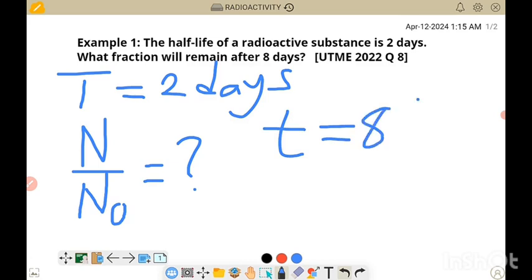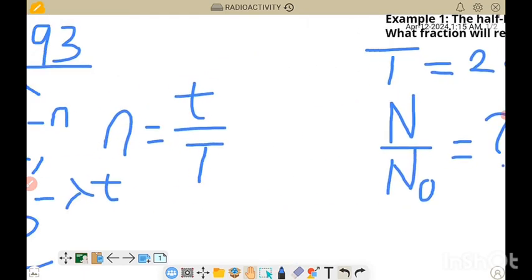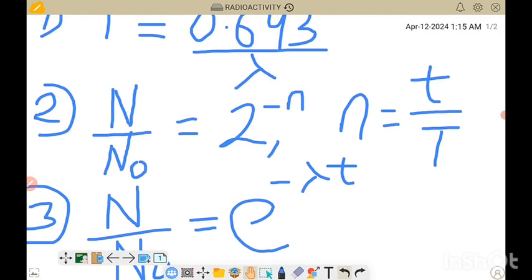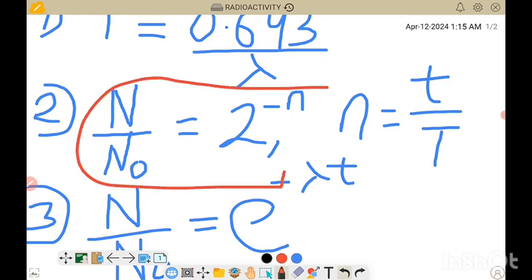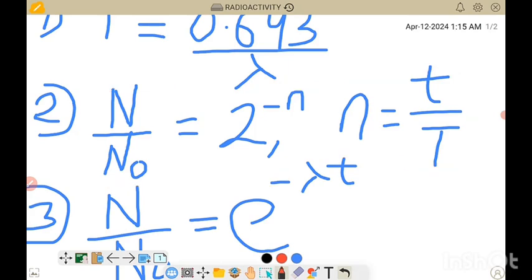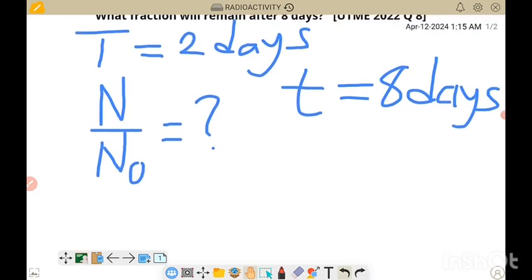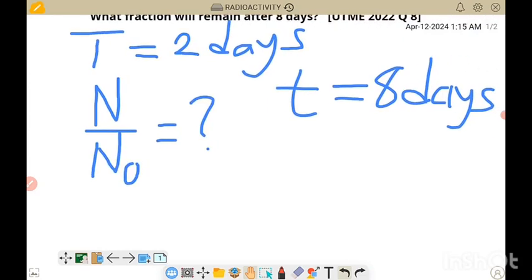Now we can apply our second formula here in solving this problem. As we can see, this second formula will help us in solving this problem. This one, in conjunction with this particular one, is okay for us to solve this problem. Let's see how we apply this formula.